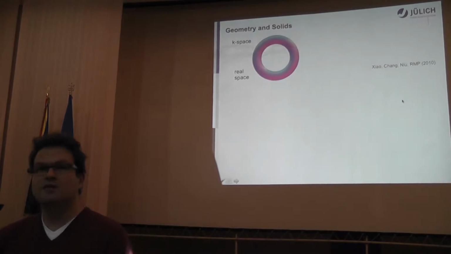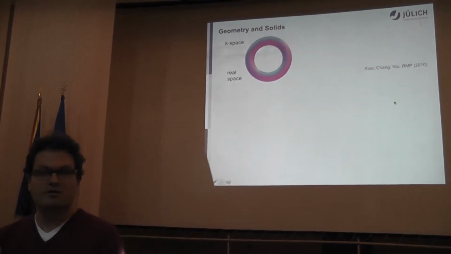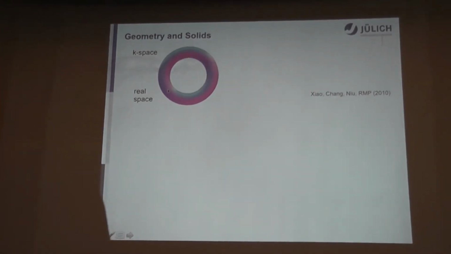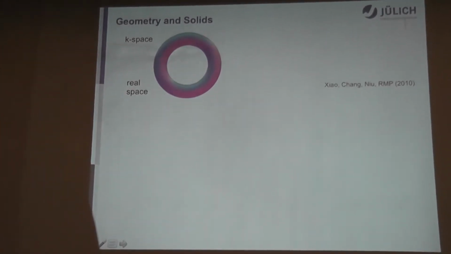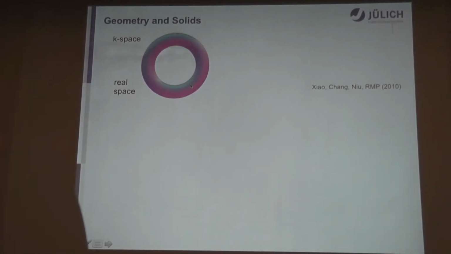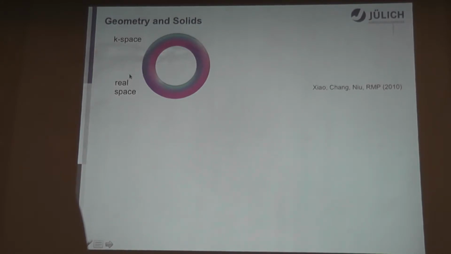Now, geometry and solids. We have heard a lot about this already in this conference, and when we think of a solid, it's a family of electrons which lives on a certain manifold, on a certain object, and commonly in solid-state physics it is the K-space which this donut stands for. However, we can also have real space where our electrons live and move and where we can describe their wave functions.